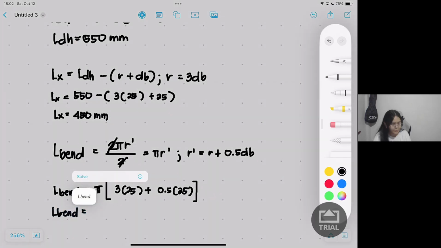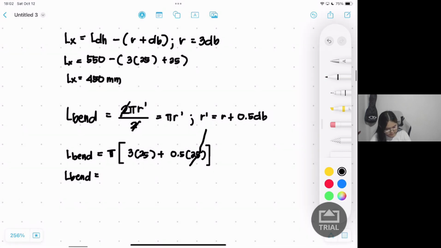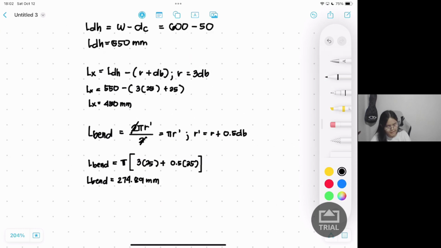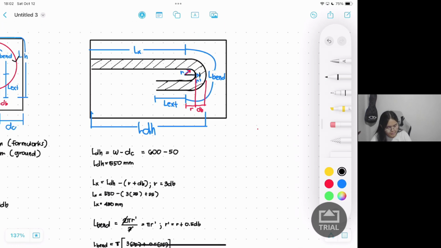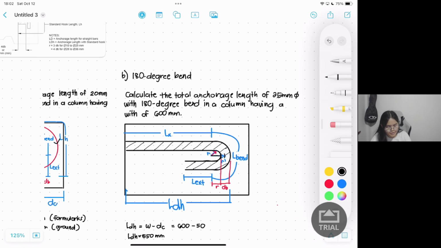Kapag i-compute nyo yan, try nyo ding mag-calculate kay calculator dyan, 274.89 mm. Okay? Then finally, we will solve the L extension.